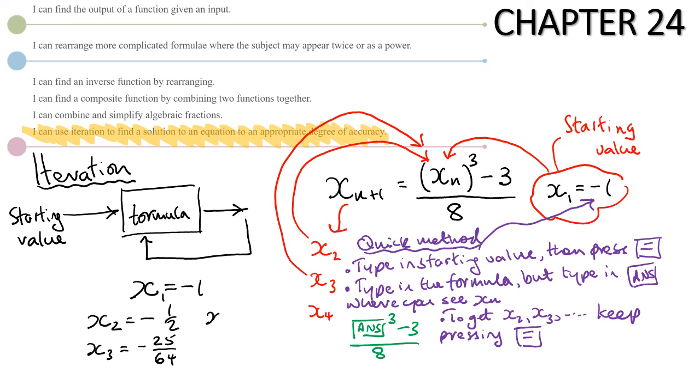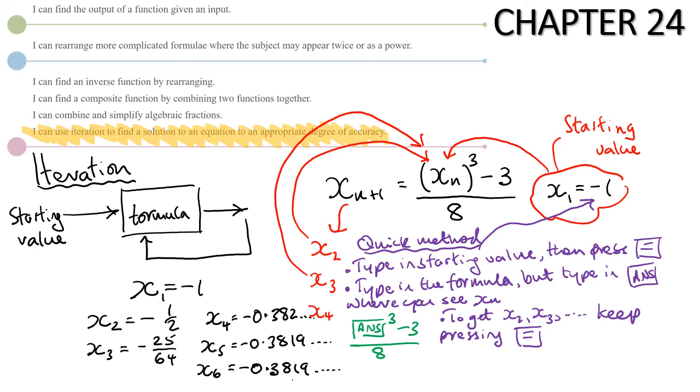Then I press equals again. This time I get -0.382, and it carries on, and I'll press it again. I can keep going. x5 equals -0.3819, like this, and I can see it's starting to stop jumping around, and actually by the time I get to the next one, it's almost identical to the previous one.